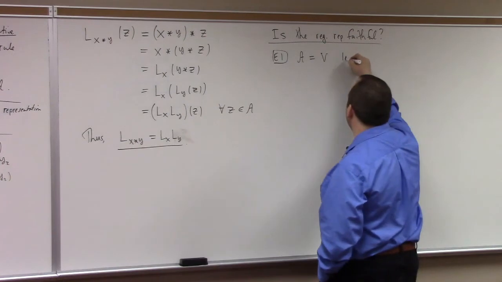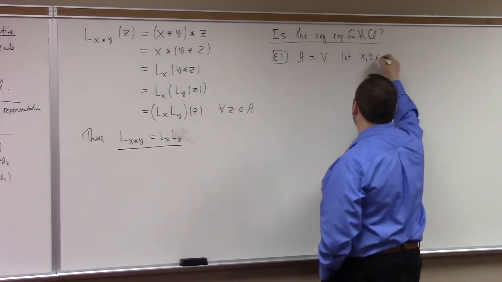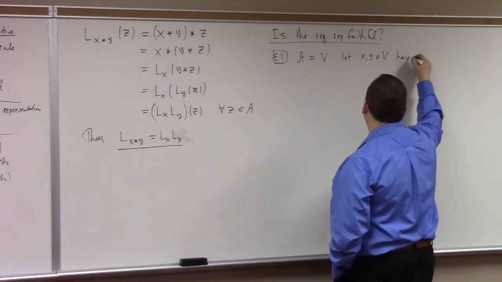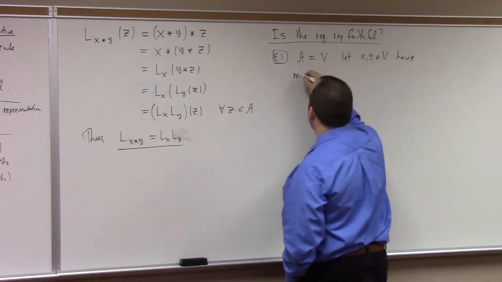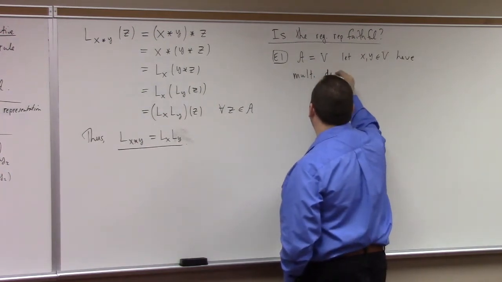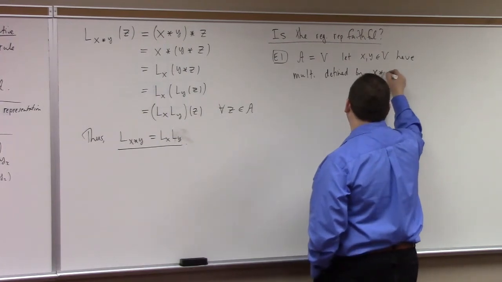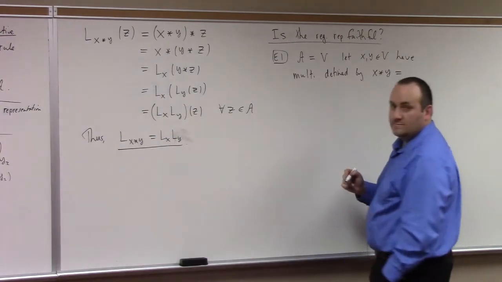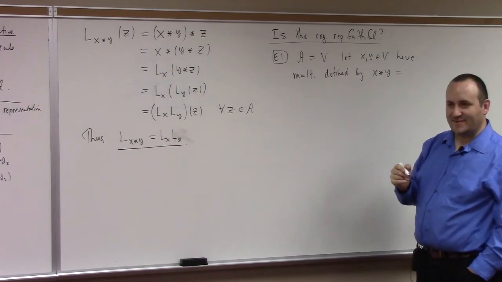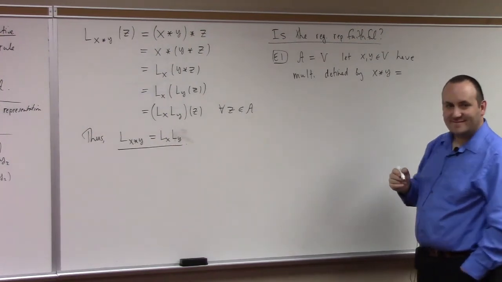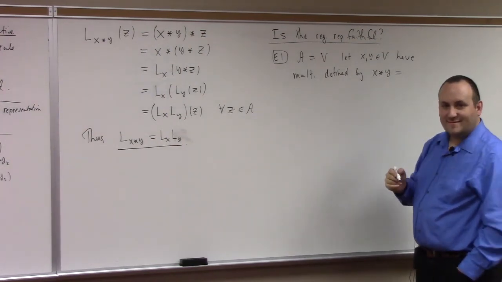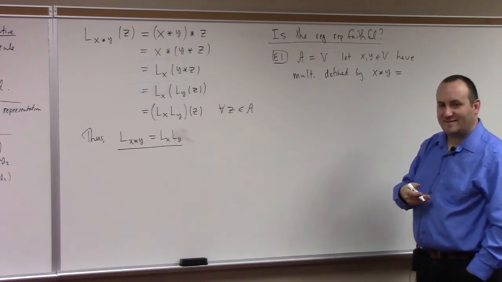Let x and y in V have multiplication defined by x star y equal to. What do you think? This is completely arbitrary. This is for any vector space.